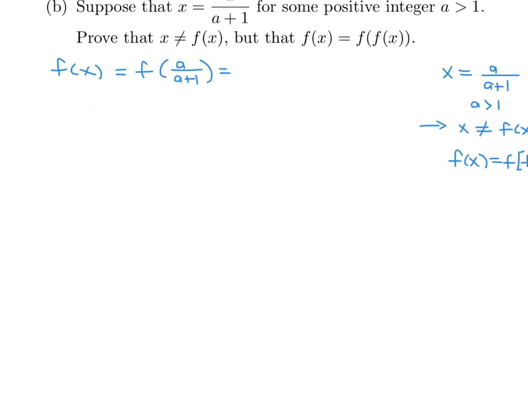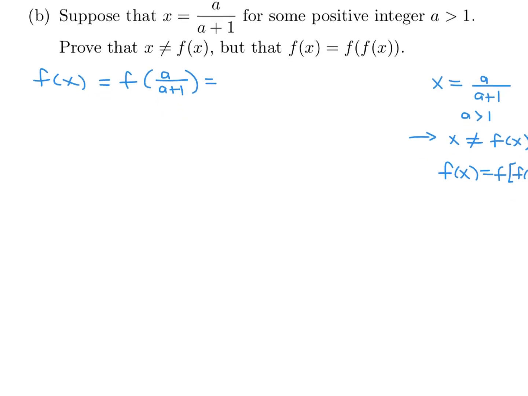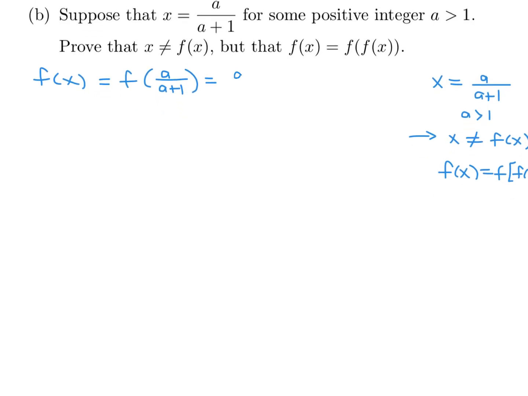We are going to use that, and that's going to give me the following: a over a plus 1 plus a plus 1 over a, minus the same thing, but in brackets this time, plus a plus 1 over a, and that's in brackets.